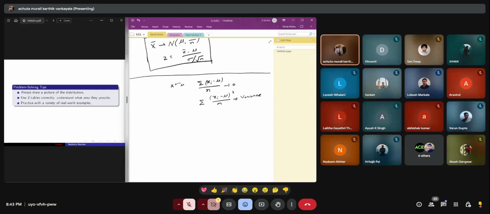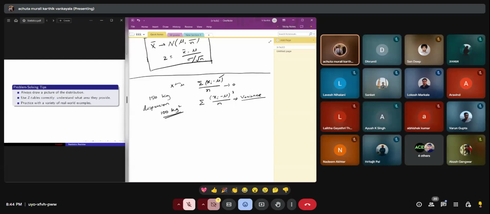Now, one problem here is that the units of variance and the units of the mean are not the same. In the previous example, we were discussing the weight of individuals, and the average is 150 kg. Then we talk about dispersion, and suppose it comes out to be 100 kg square.